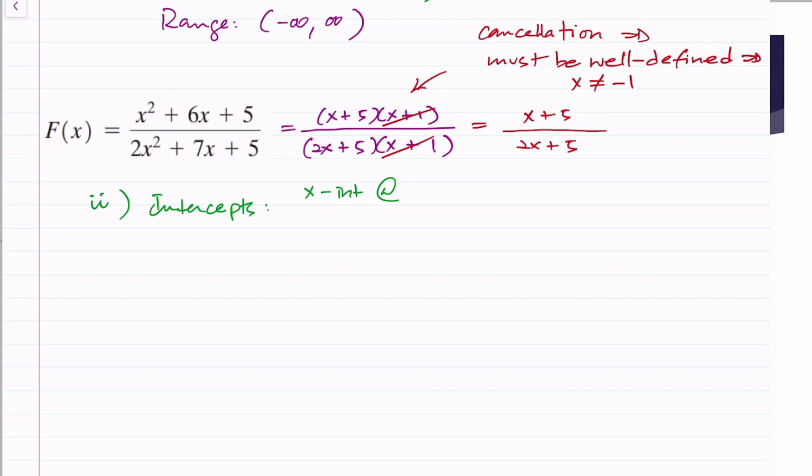Those come up again where the numerator is 0. So you can see by inspection that you're going to have an x-intercept at -5, because that's the value that makes the numerator equal to 0. And if they're pressing you on an ordered pair format for that, never know what your learning management system is going to want, then it would be -5, 0.